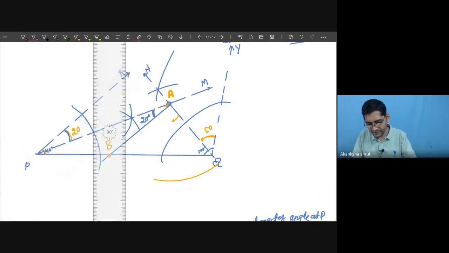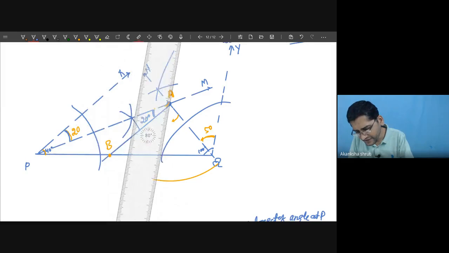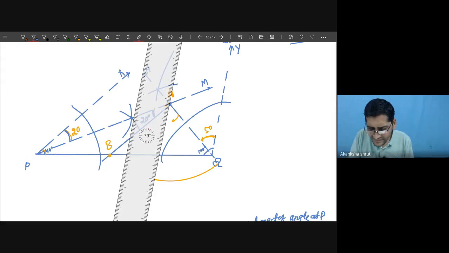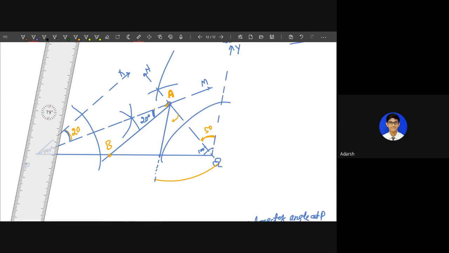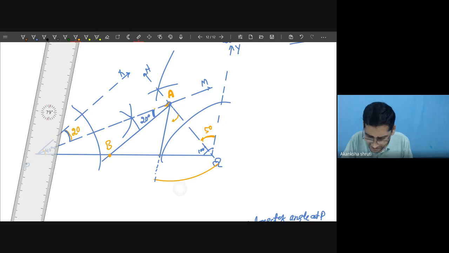This arc or 50 degree I have measured from A. So student, joining this. So join it now. Where it is cutting this 50 degree, this point is our C. Very good. So this way the point C is determined.